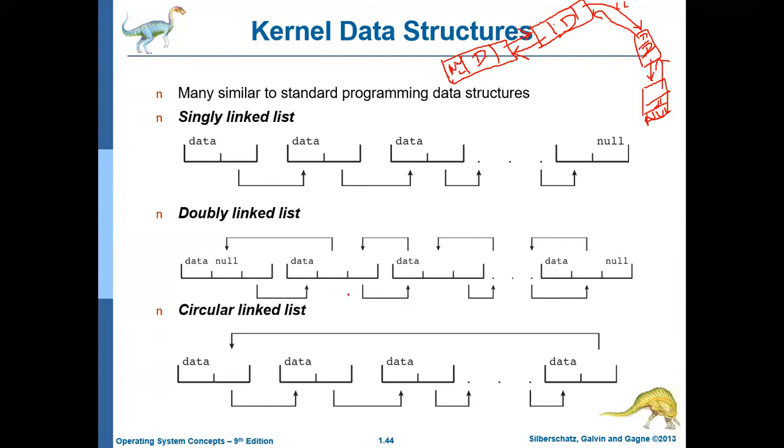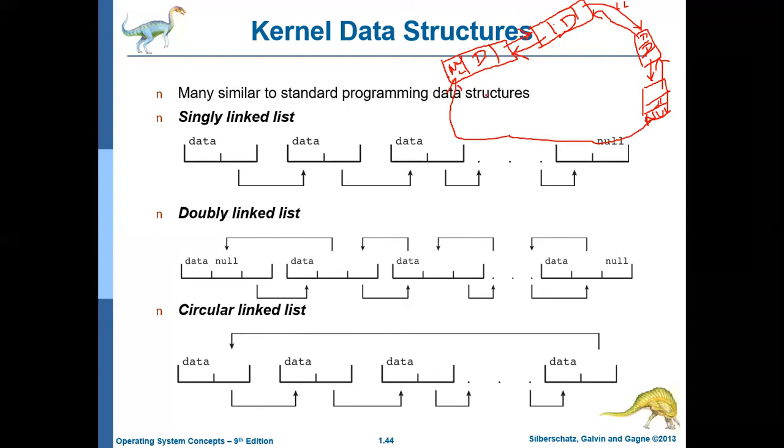Similarly, the next type is called a circular linked list. Either a single linked list or a double linked list can be circular. In a circular linked list, the last node will point to the first node. That's it. So here this is the last node and this node may point to the first node. This may happen in a single linked list also.